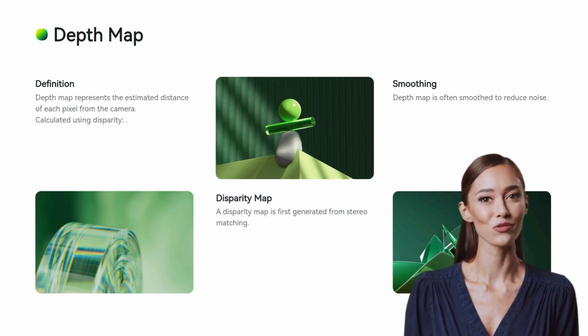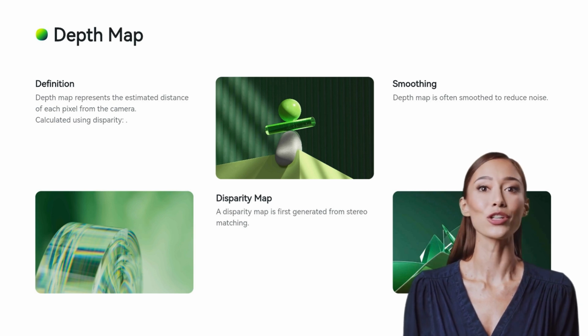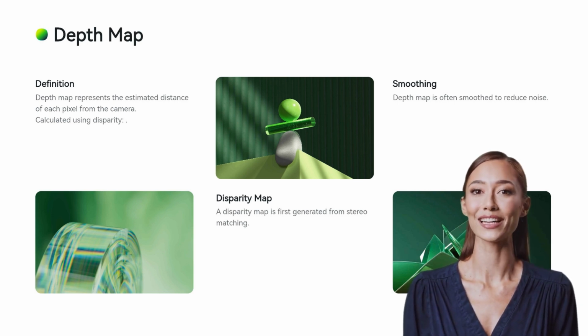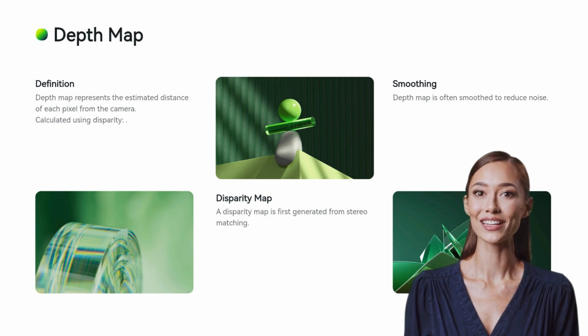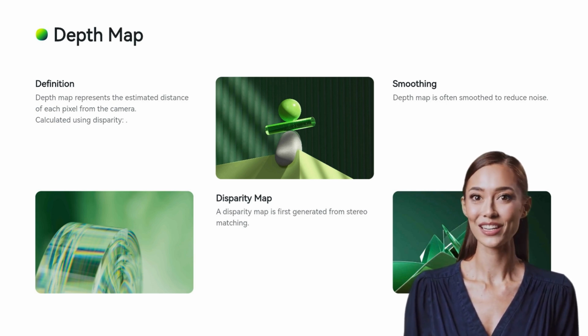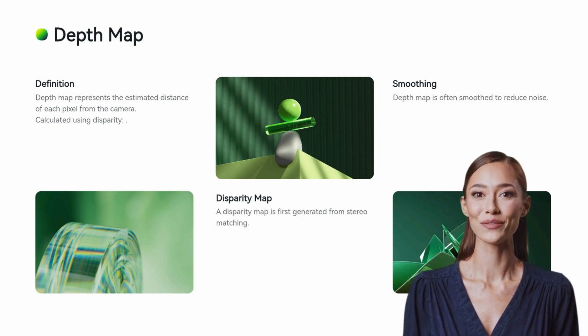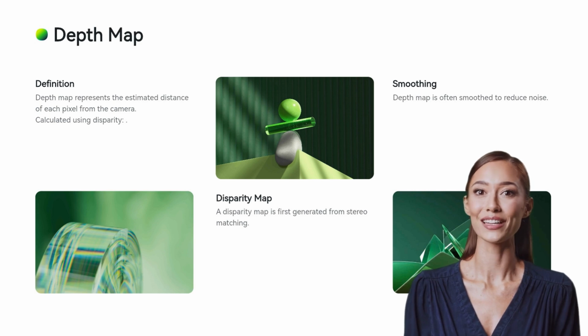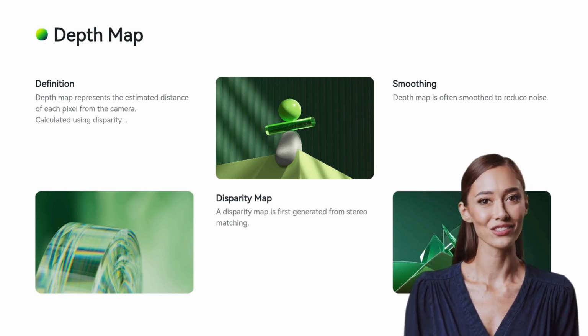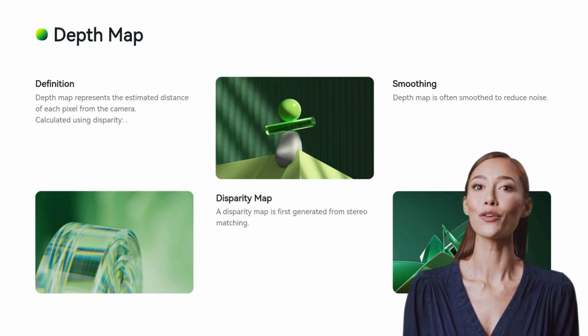The relationship between disparity and depth is given by the equation: depth equals baseline times focal length divided by disparity, where the baseline is the distance between the two cameras and the focal length is the intrinsic parameter of the camera.